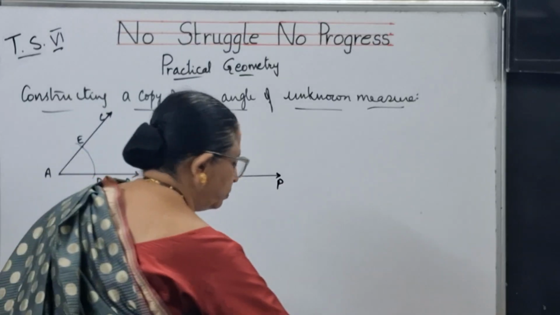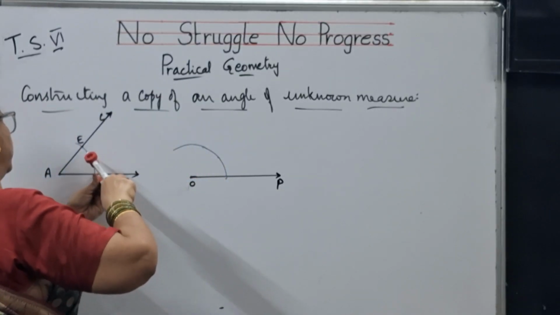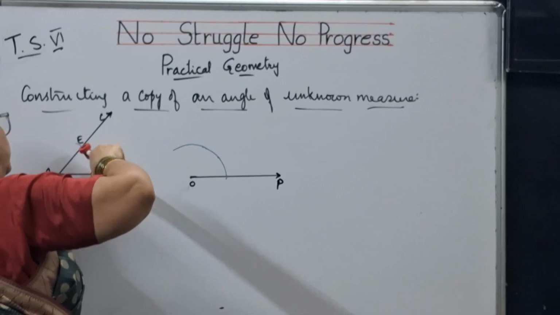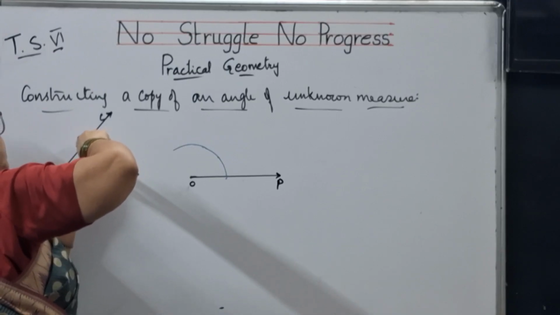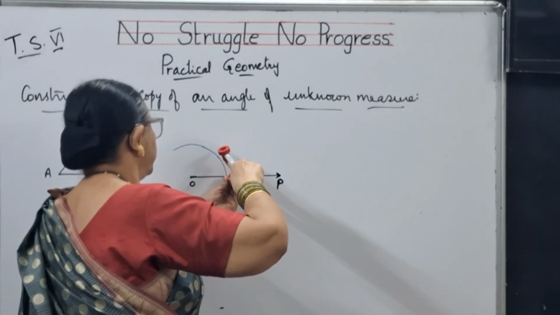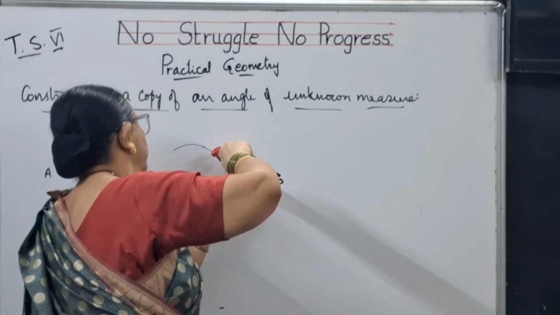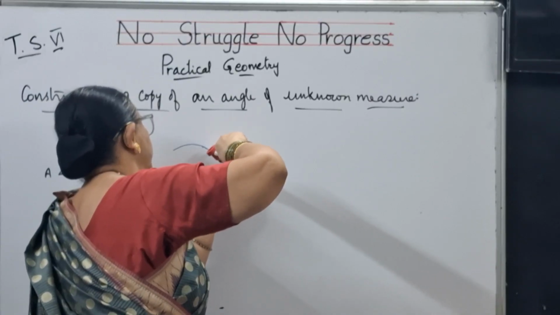Now with D as a center, extend it till E, D to E. So this is the position of D and E. Now with this point as a center, you have to cut an arc like this.